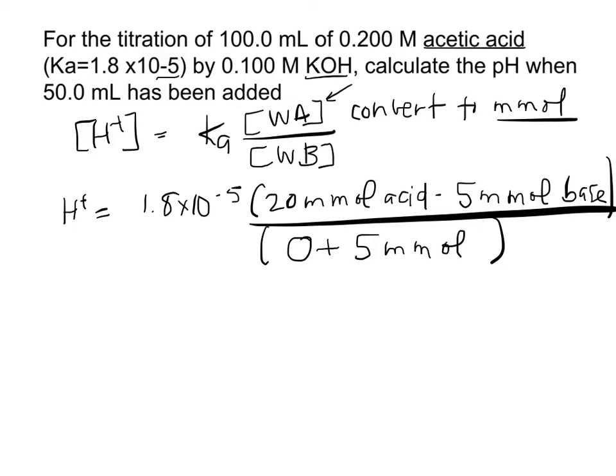So now we're going to just solve for H. H plus is going to equal what? So if I plug all this into my handy dandy calculator, you do the same thing. And you'll beat me.